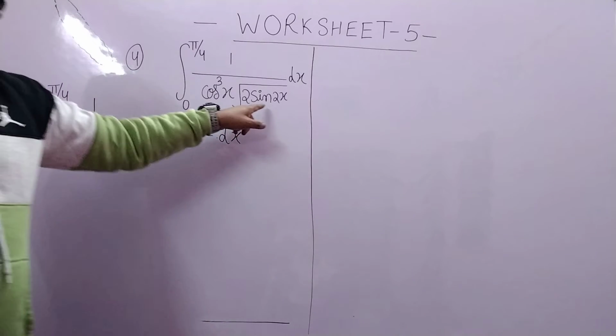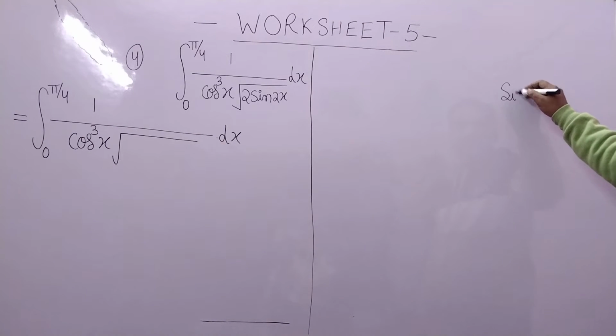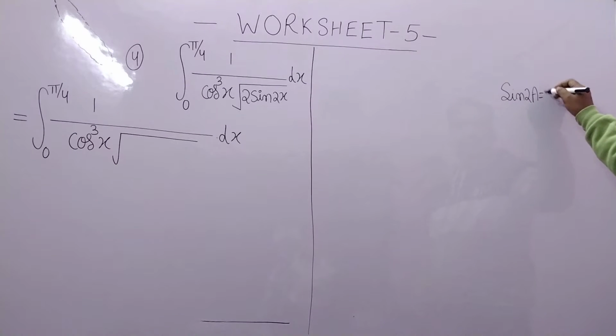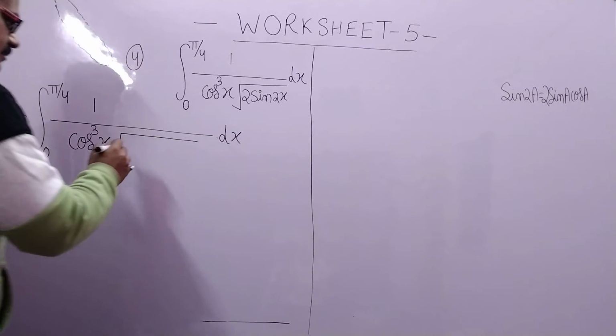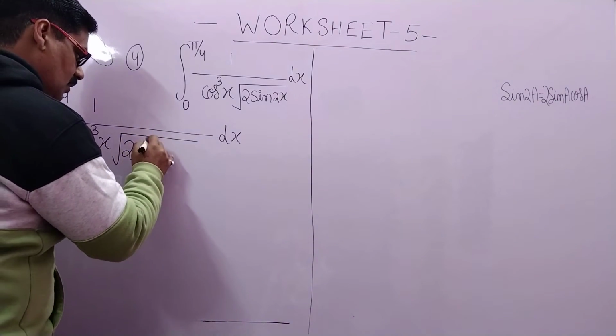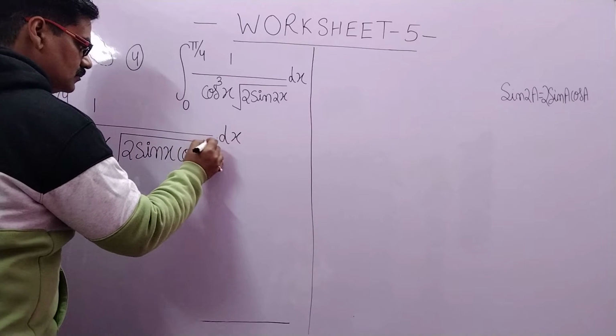For doing this, we all know that from trigonometry, sin 2a equals 2 sin a cos a. So sin 2x is 2 sin x cos x.